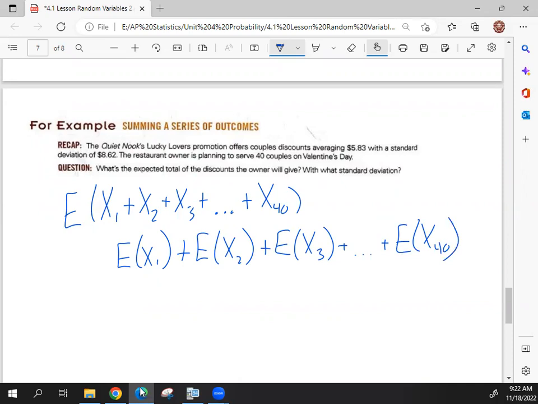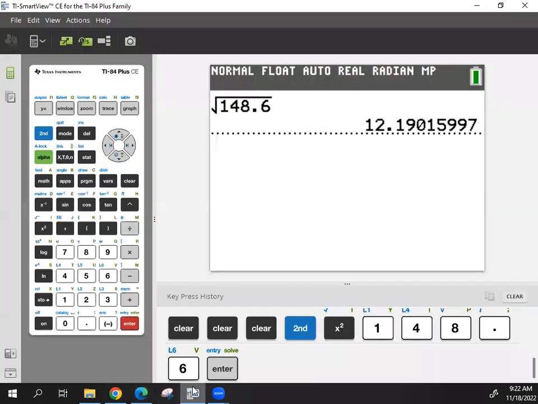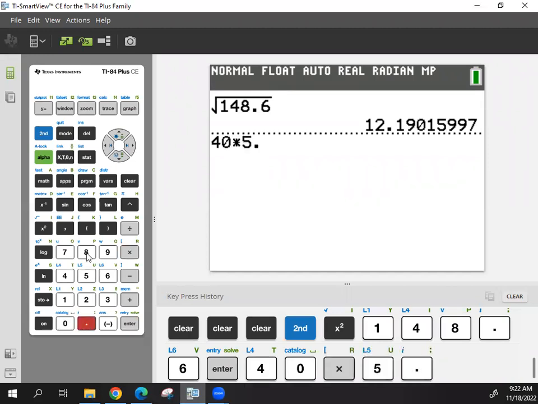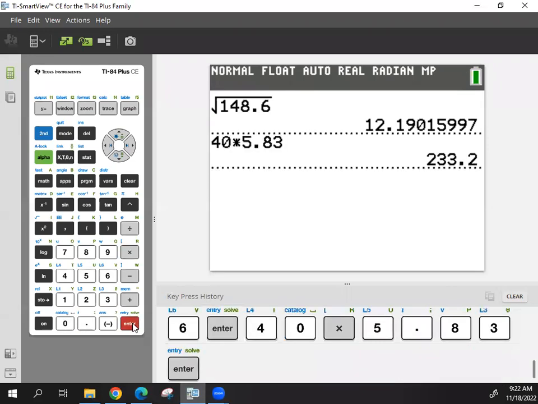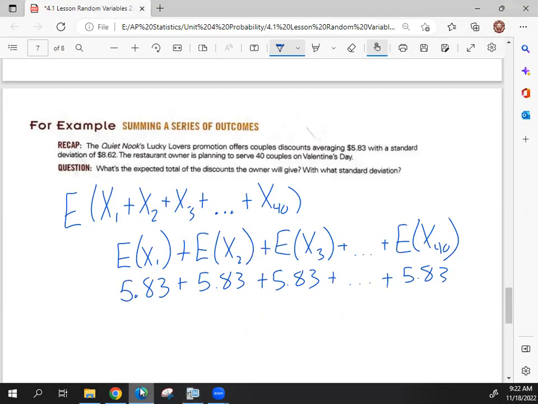So we're really just adding $5.83 40 times. And so, adding $5.83 40 times is the same as multiplying by 40. And so our expected discount for the 40 couples that have come in this evening is $233.20.